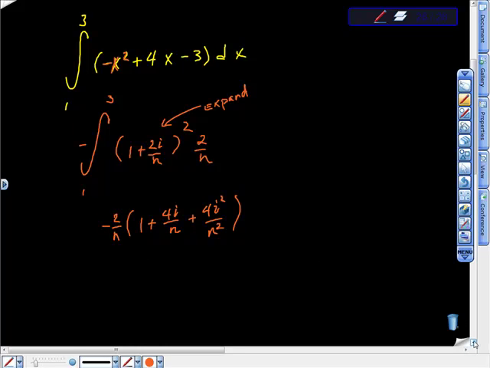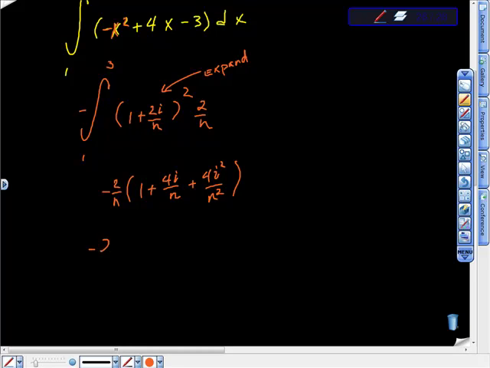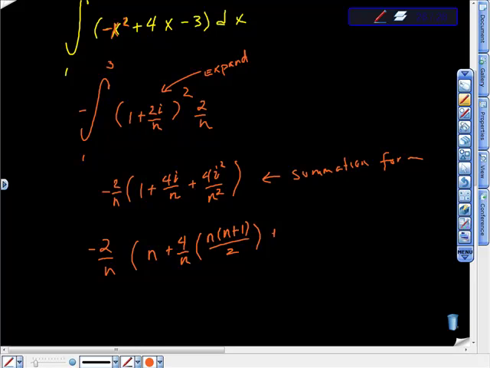Then I'm going to use my summation formulas, and hopefully you're aware of those. The summation of 1 is n, plus 4 over n times n times n plus 1 over 2, plus 4 over n squared times the summation of i squared, which is n times n plus 1 times 2n plus 1 all over 6.